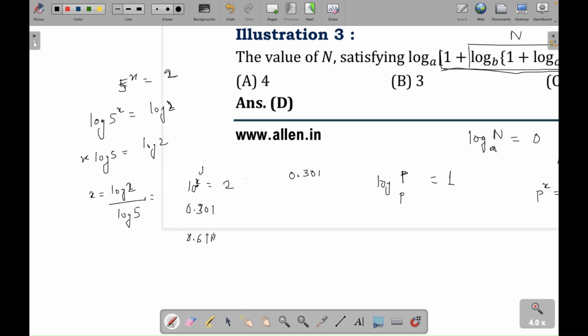If you just do a Google search, you'll be able to find it. What I'm searching for is log 5 base 10, and log 2 base 10. So I have to specify the log of that number and the base as well to get the value.